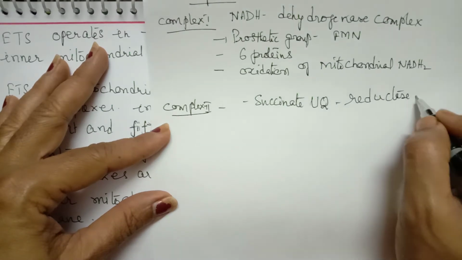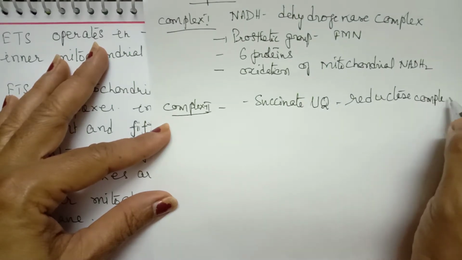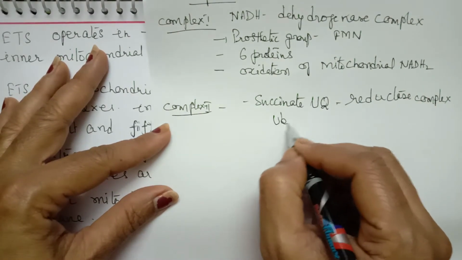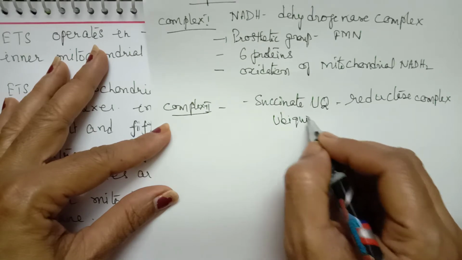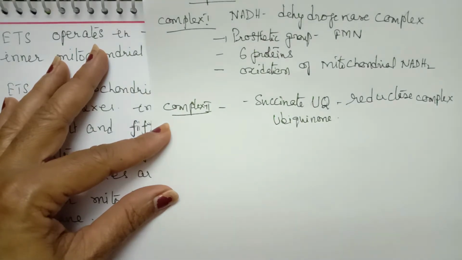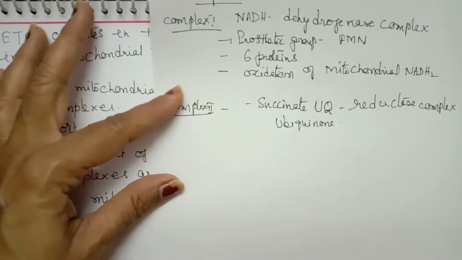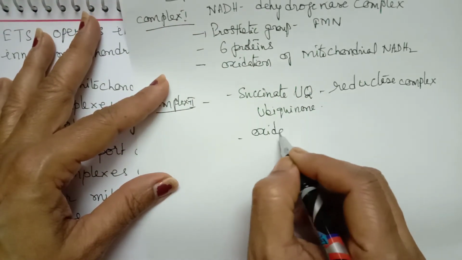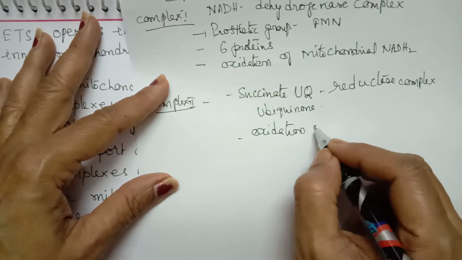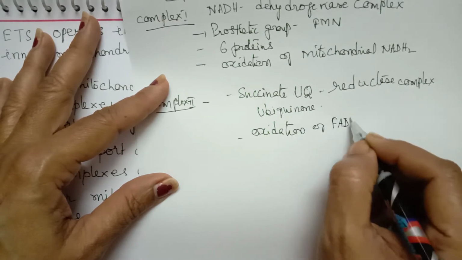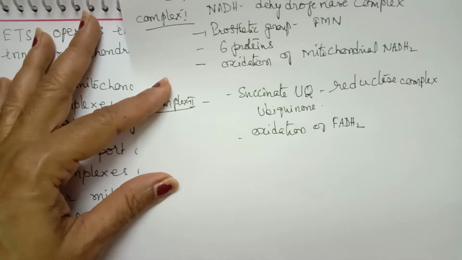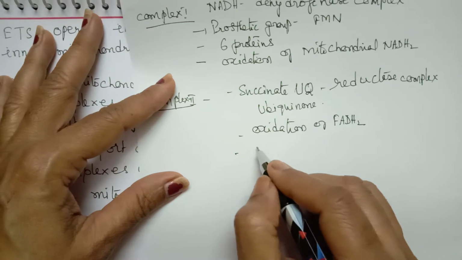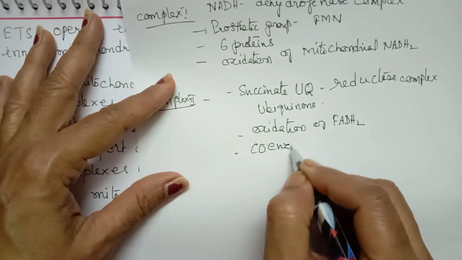I will write the name here: succinate ubiquinone reductase complex. This complex is involved in oxidation of FADH2. It has a coenzyme.